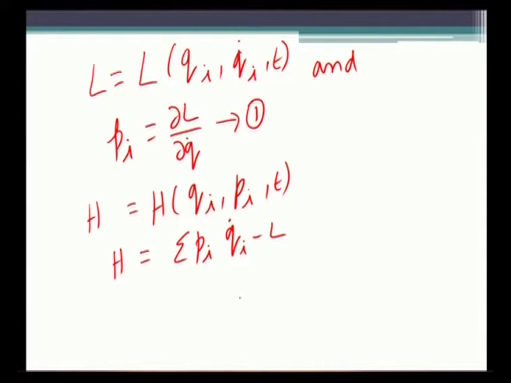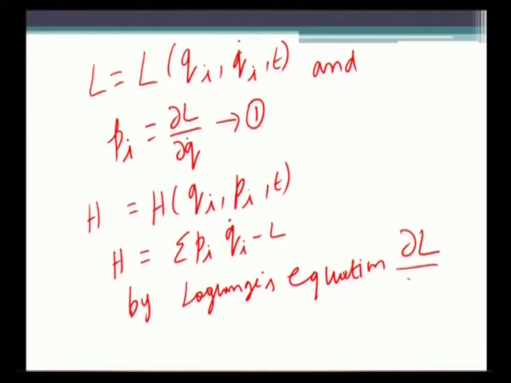Now, by Lagrange's equation, the variation of the Lagrangian with respect to the generalized coordinate gives the rate of change of canonical momentum. So, by Lagrange's equation, dou L by dou q is equal to p dot.